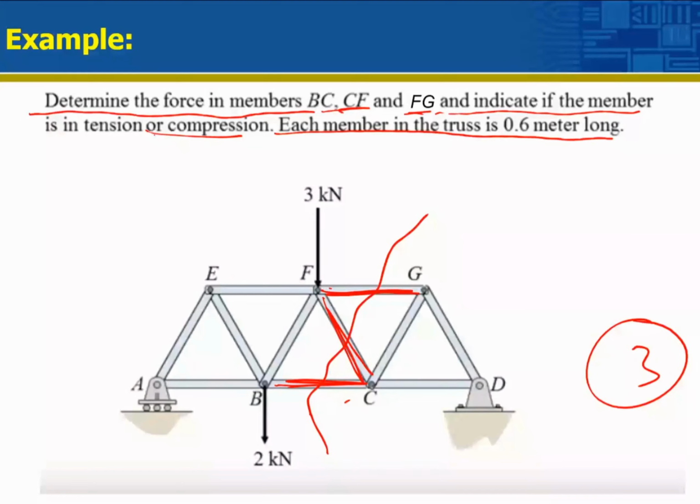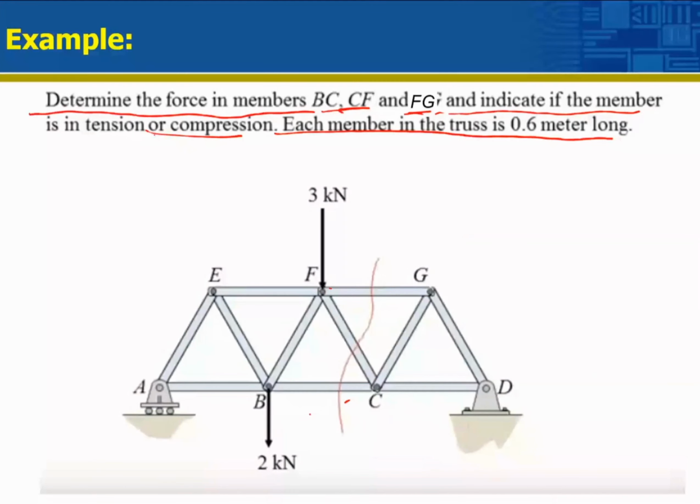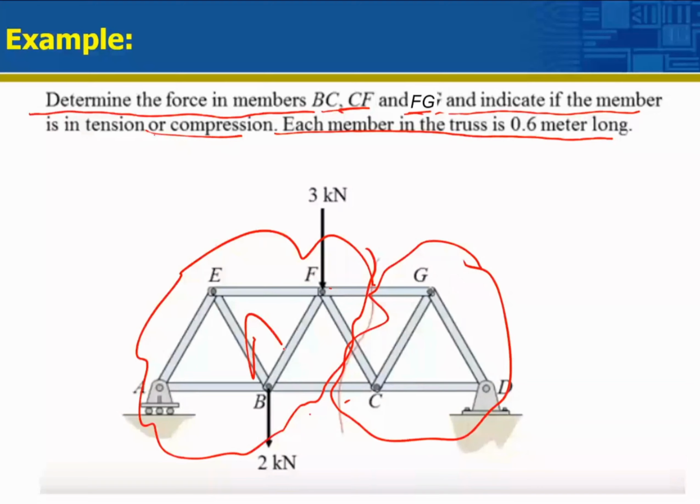Yes, sir. Okay, so we section it from there, and then you've got 2 sections. If I section it from here, I have got 1 section here, and I've got the other section here. I've got section A and section B. I can pick anyone, this one or this one, because if I do the analysis on this one, I've got my 3 members included.